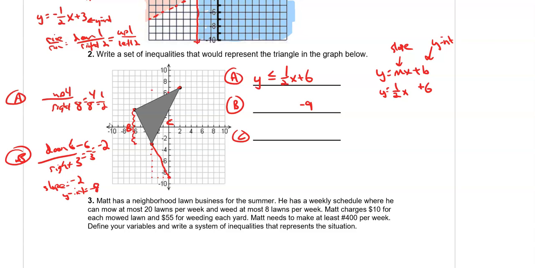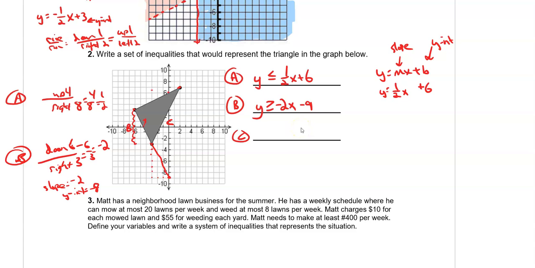So y is, if you go to a point, it's above it. So it's y is greater than or equal to -2x minus 9. A little bit tricky there because it didn't cross the y-axis, so you had to continue the line until it hit the y-axis to see where the y-intercept is.